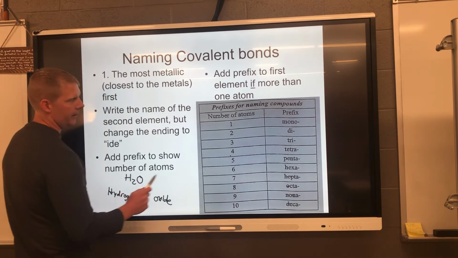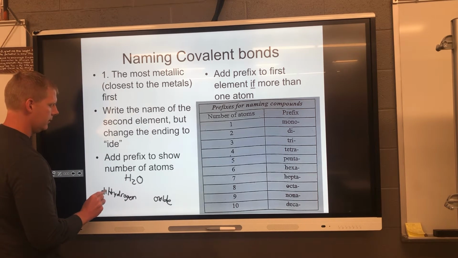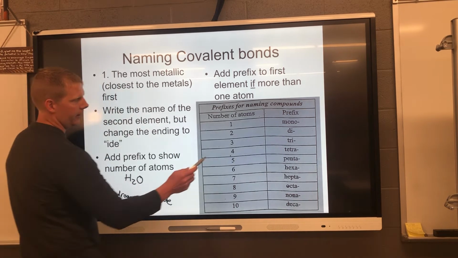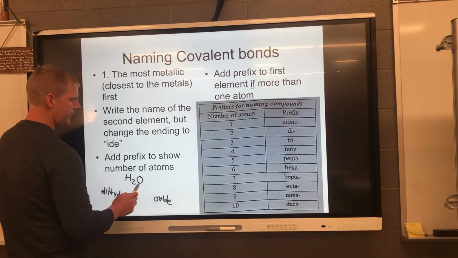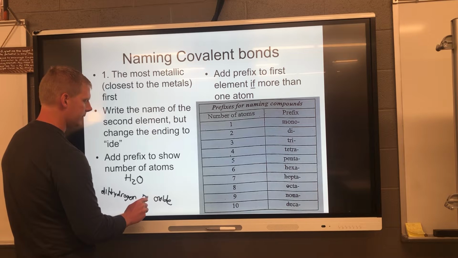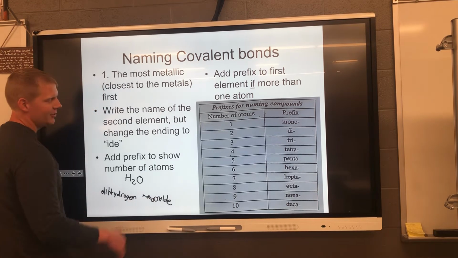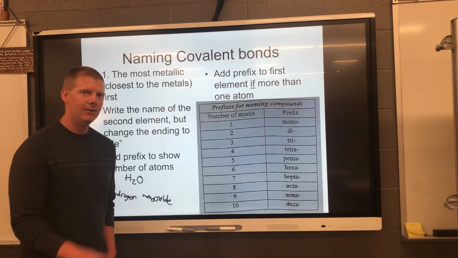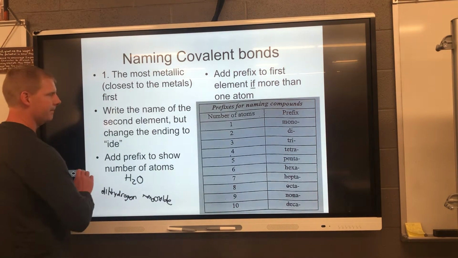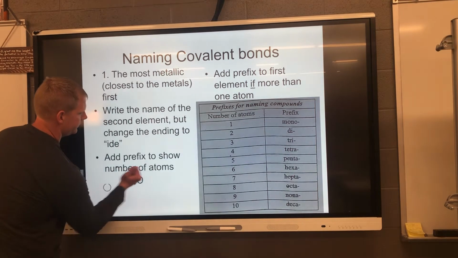So I have 2 hydrogen, so dihydrogen, and then I only have 1 oxygen atom because there's no subscript, so we assume it's 1: monoxide. So dihydrogen monoxide, a good old glass of dihydrogen monoxide. All right, so that's naming covalent compounds.